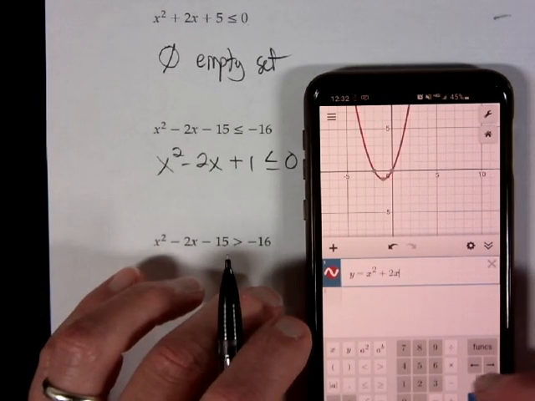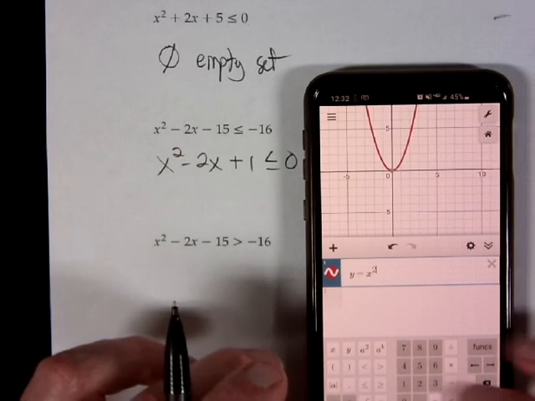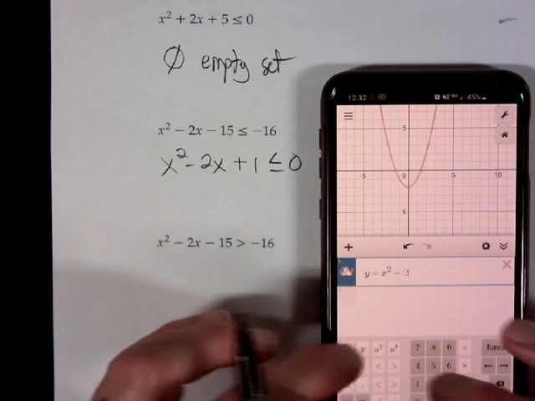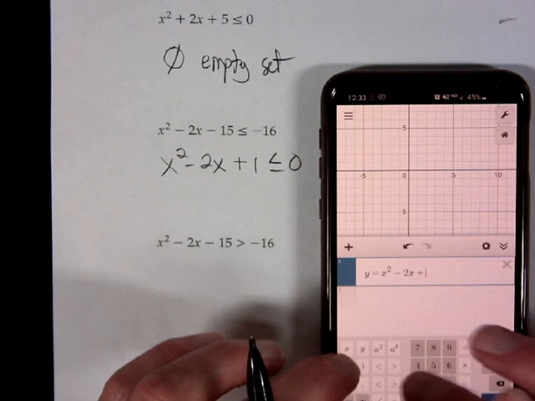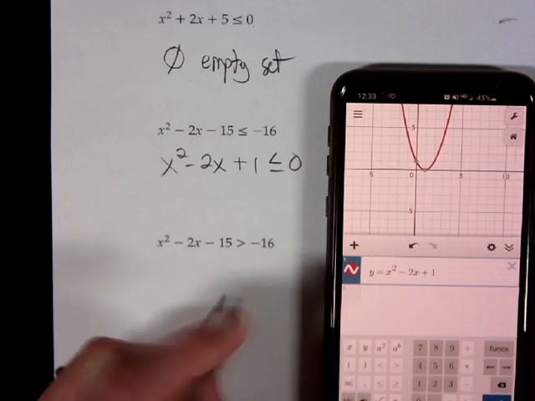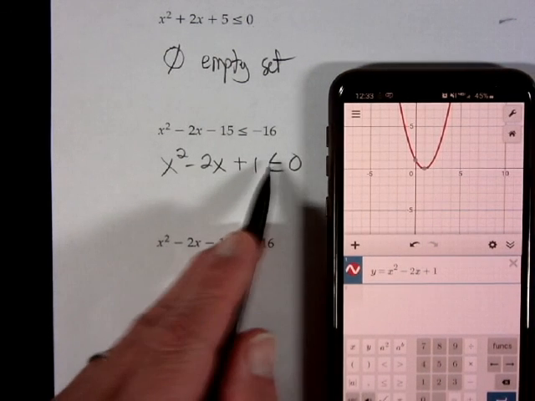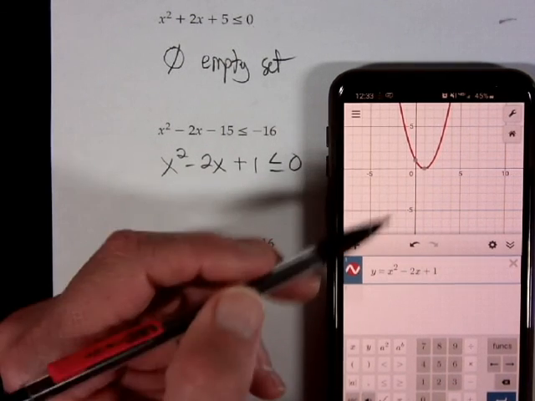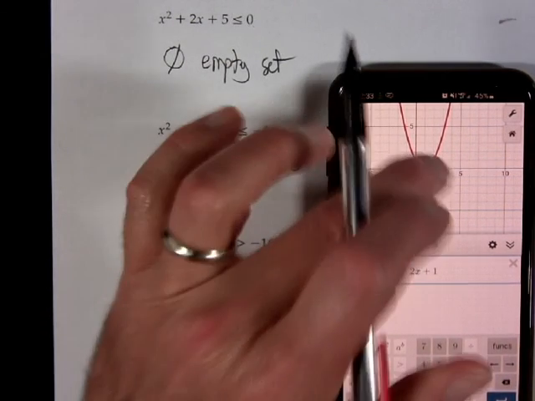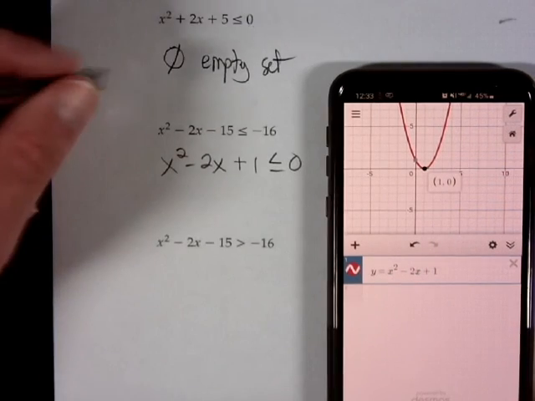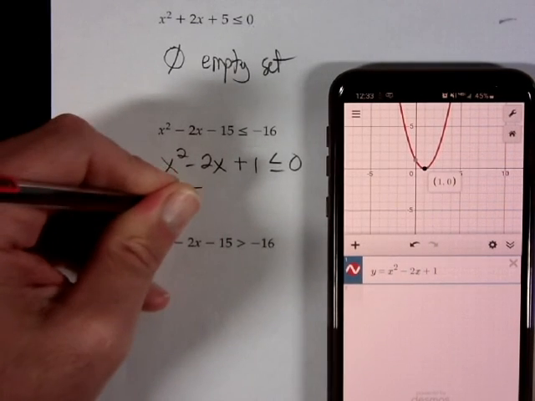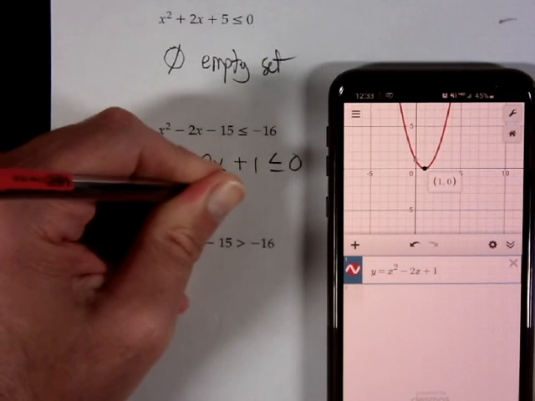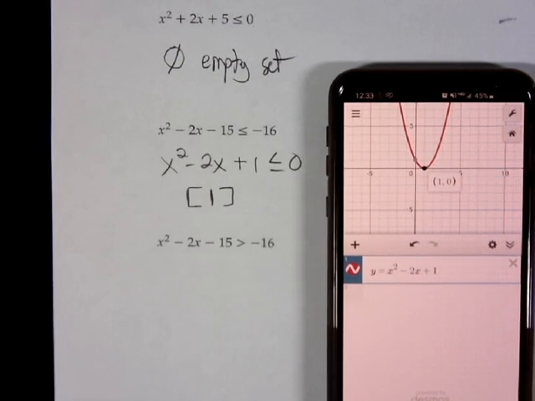So I'll take the old one off here and change it to the new one, which is x squared minus 2x plus 1. We've got our graph here. Now we're looking for the place where this is less than or equal to 0. All right, well, it's not less than 0 anywhere, but it is equal to 0 at that point. So there's one single value in the solution set, and that one single value is 1. All right, so there's your answer here.